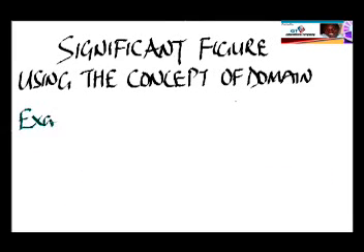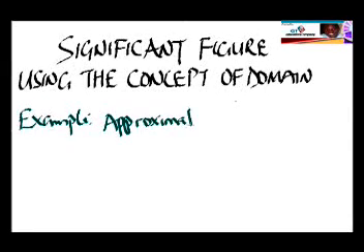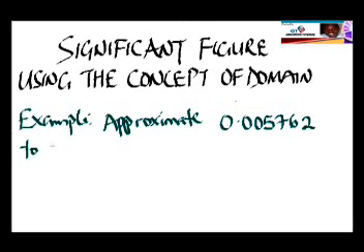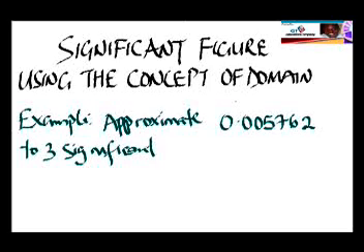We are going to take an example. The question here says approximate 0.005762 to 3 significant figures.